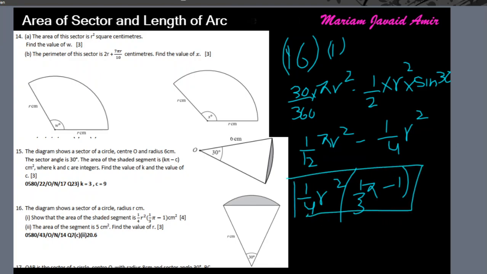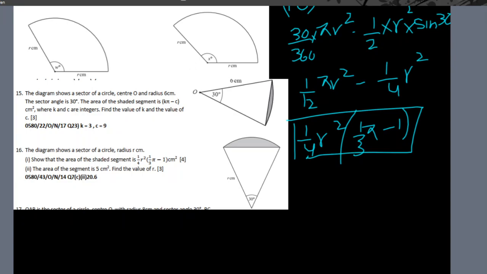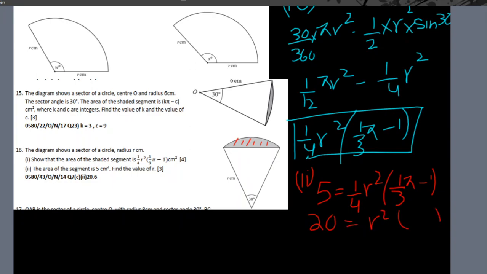Part 2. The area of the segment is 5 centimeters square. Find the value of r. So this area is 5, so 5 equals the above expression. First multiply 5 and 4, we get 20, which equals r square times this number.